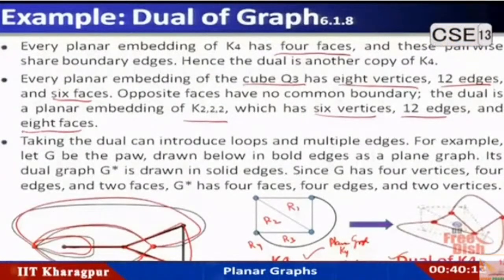So you can see that this cut edge will form a loop. Hence, whatever we have discussed, that loops will be formed and multiple edges are also formed. So here this example shows the multiple edges, this is a loop and this is the multiple edges.